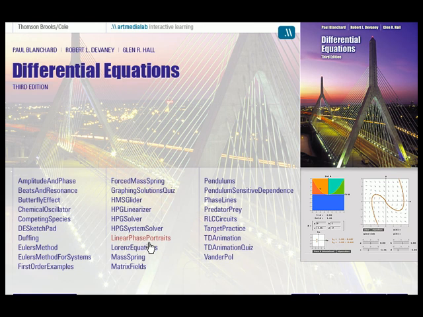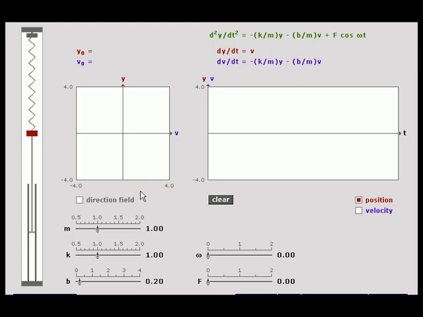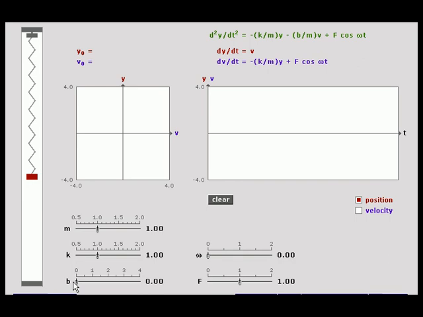The DE Tools has a forced mass spring app that we can look at. Let's take the amplitude of the right-hand side to be 1. So it's solving this problem here. We're going to take B to be 0, so just try to solve the equation we just showed you. There's no friction.